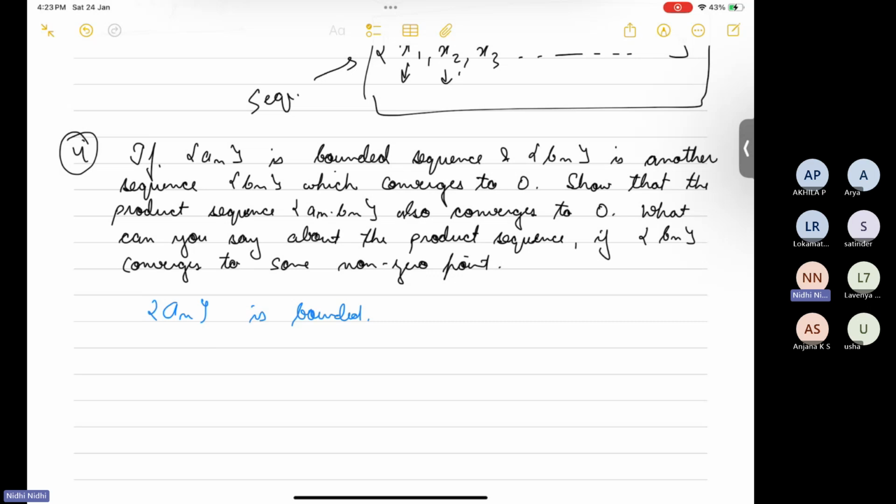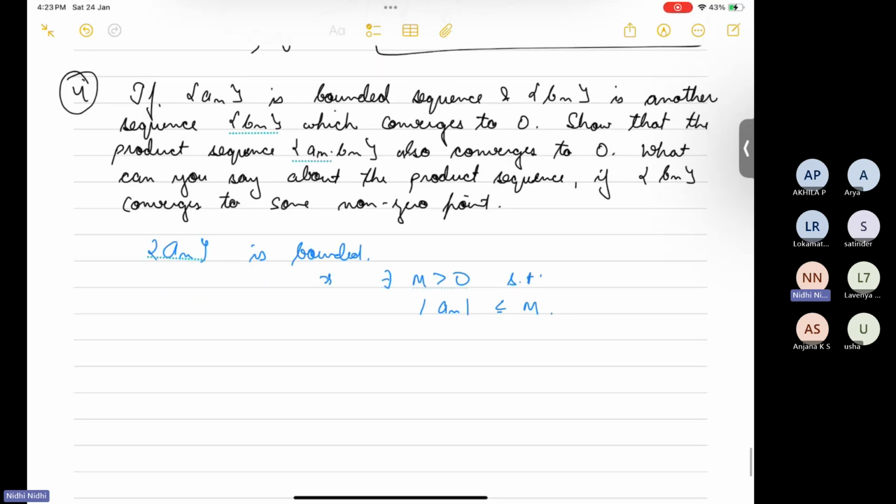By bounded, we mean there exists some positive number m such that mod an is less than or equal to m for every n in N. And the sequence bn converges to 0.